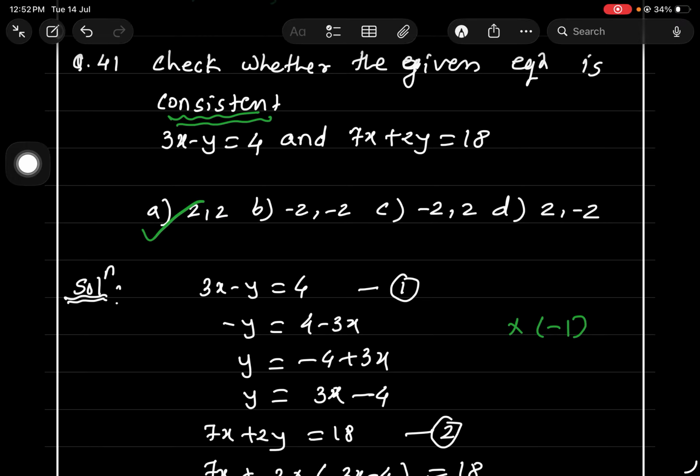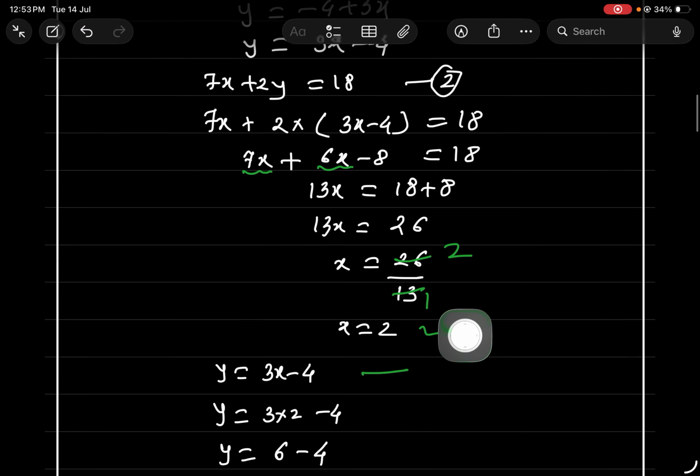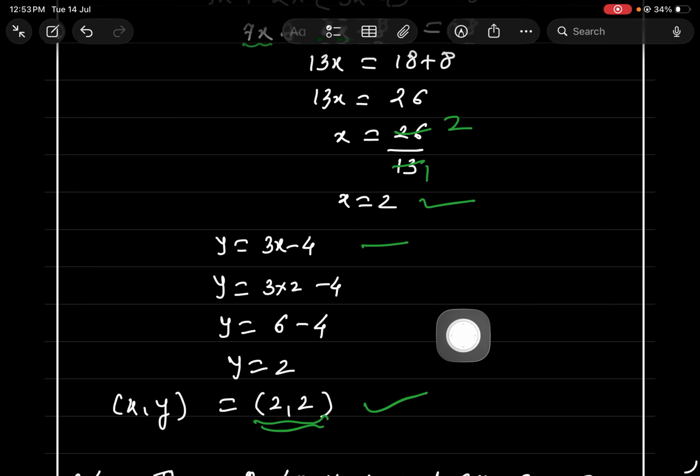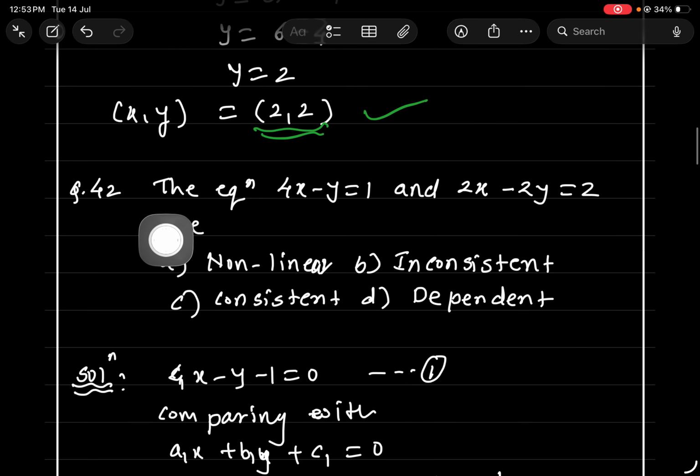Here there's no need to give the reply because the options are given, but if it comes for 2 marks, you can explain why it is consistent: because there is only one unique solution.